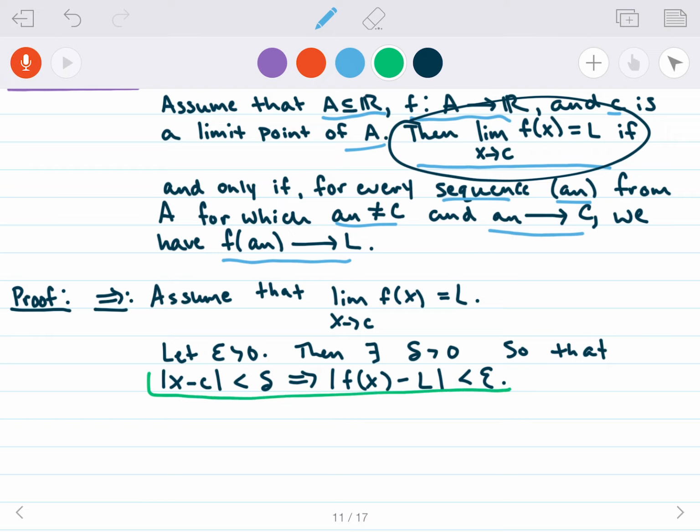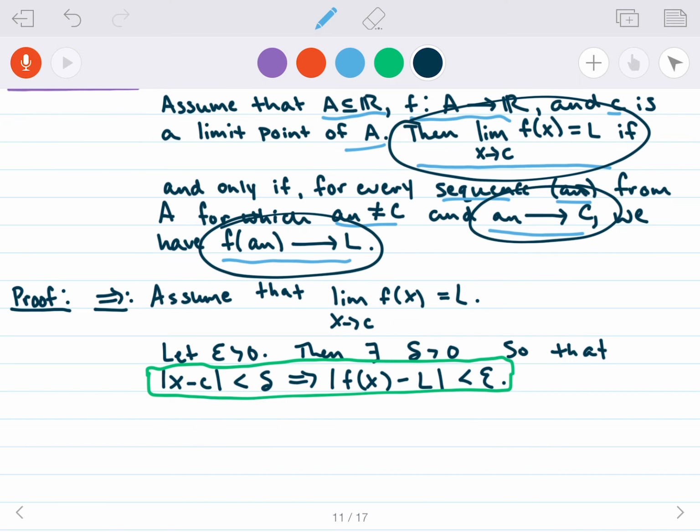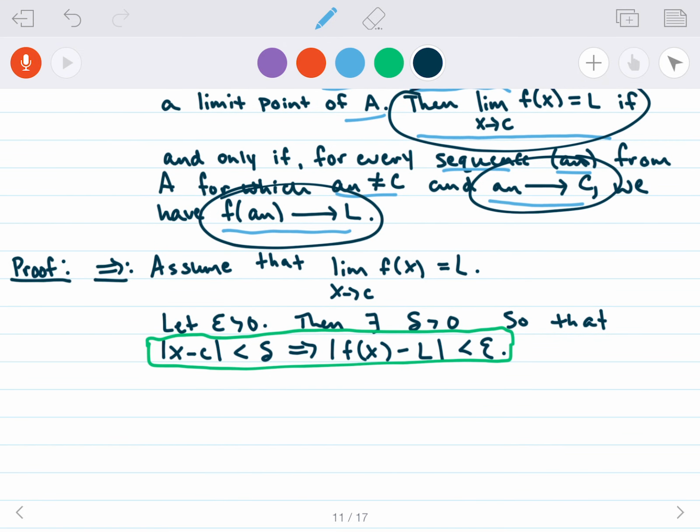All right, so I'm just going to highlight this. Okay, and what are we trying to prove? We're trying to prove that this implies that whenever we have a sequence converging to c, then f of that sequence converges to L. That's what we're trying to show. Like this is our ultimate goal right here.